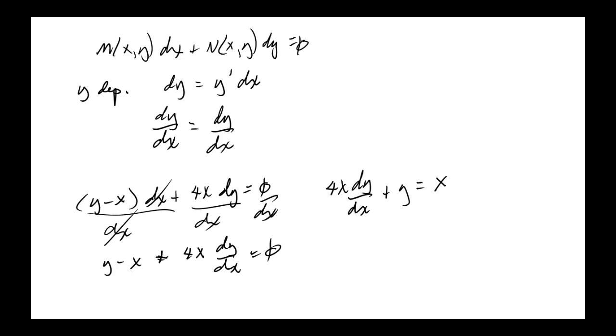So you went here from a differential form, no derivatives in it, to a linear form, which does have derivatives, functions of y, and functions of x. Any questions on that? Okay. It's just going back and forth between derivative forms and differential forms.